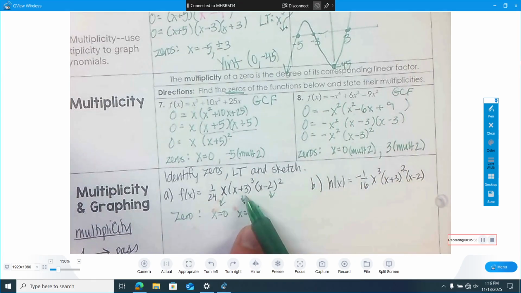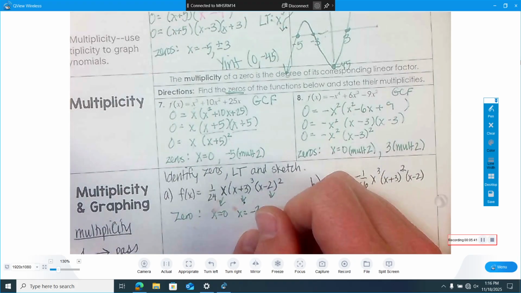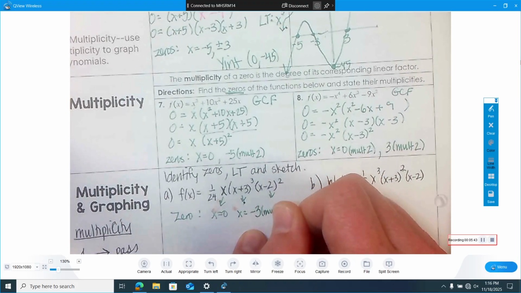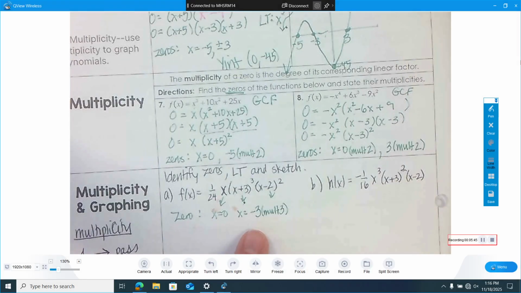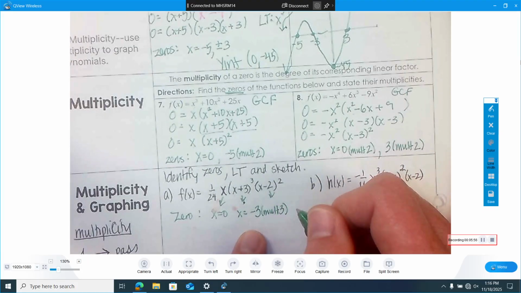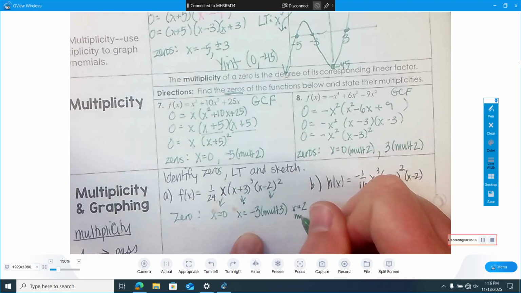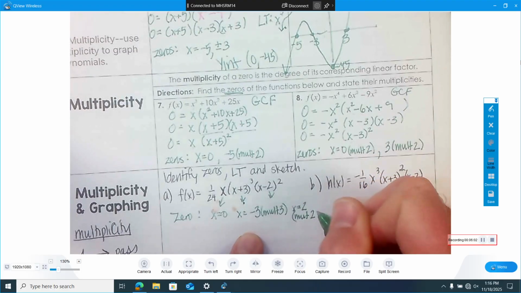But this one, x plus 3, has a power of 3. So what's its multiplicity? Yeah, that has a multiplicity of 3. And then our last bubble here is x equals 2, and it has a multiplicity of 2.